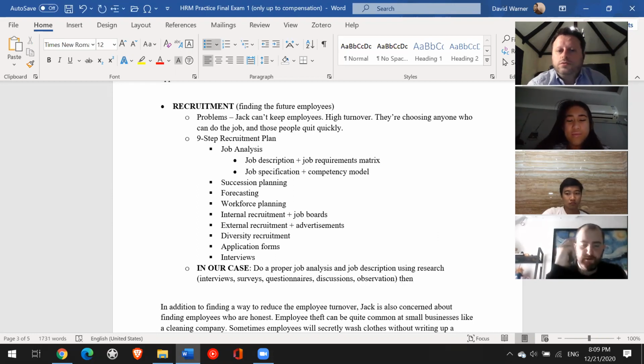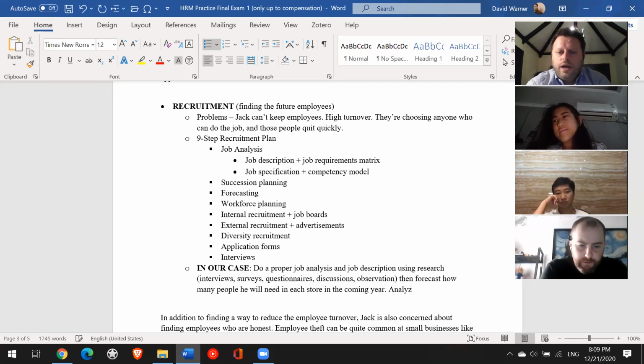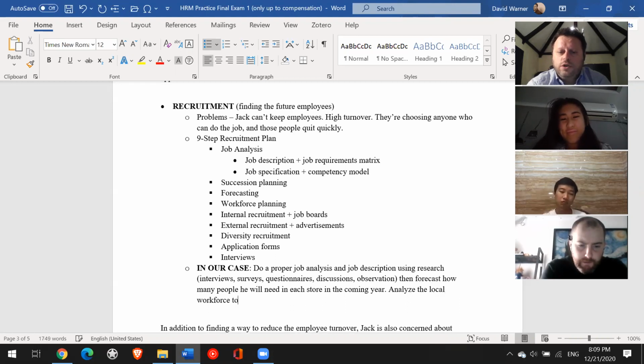Then something like forecast how many people he will need in each store in the coming year. Analyze the local workforce to see what labor is available.